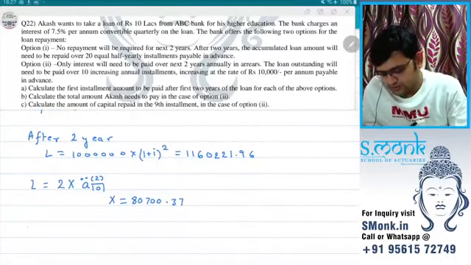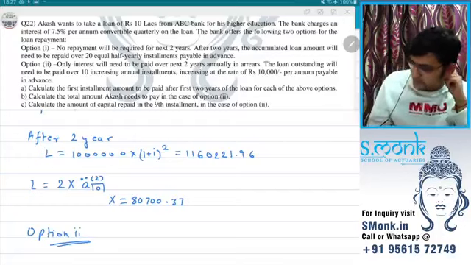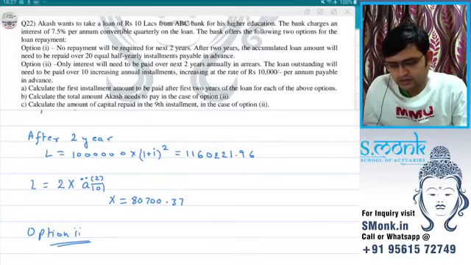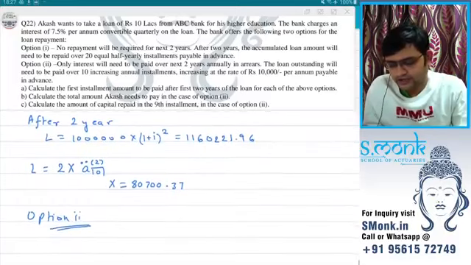What about option 2? In option 2, only interest will be needed to be paid over the next 2 years. The loan outstanding will be needed to be paid over 10 increasing annual installments.